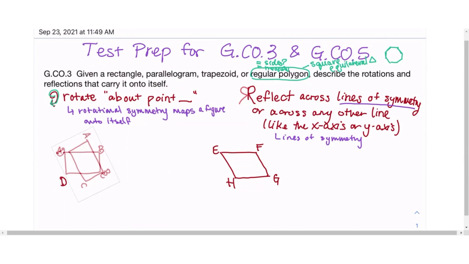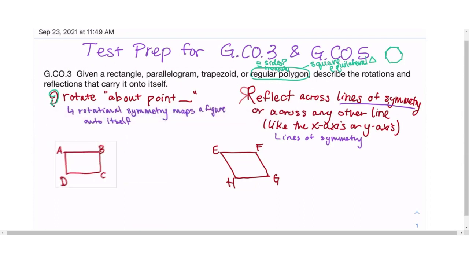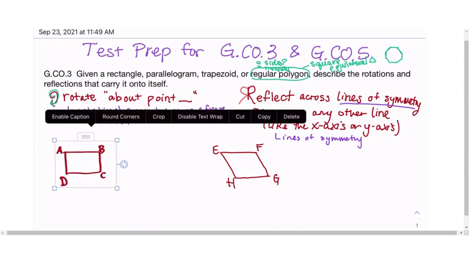To me, it looks like it's in the center of the rectangle. Would you guys say so? Isn't that weird? Okay, so I'm going to map it back onto itself. That's what mapping it onto itself means: it goes right back where you got it from, and that carries it onto itself.